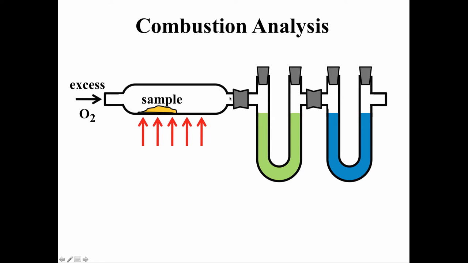We heat it so it'll burn, and then the products of the combustion are pushed out the end of this glass cylinder and through a U-tube, connected to another U-tube, and then waste goes out the end. And we heat it to make sure that the combustion occurs, everything reacts.